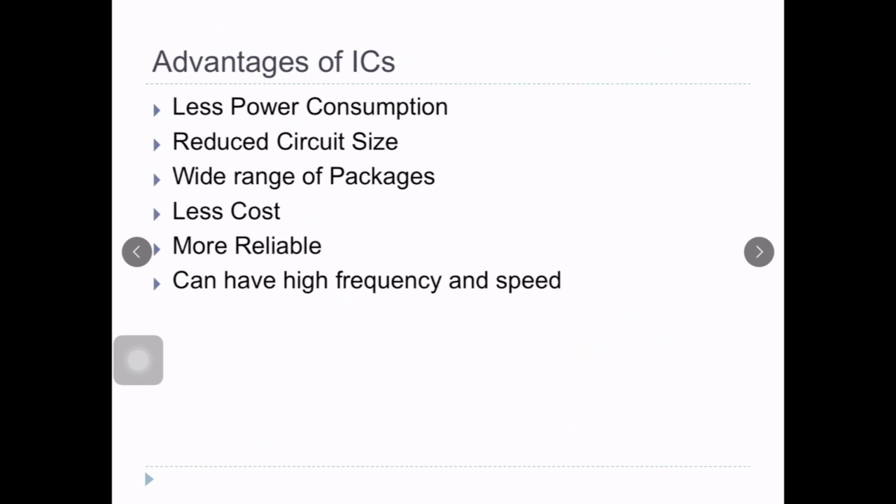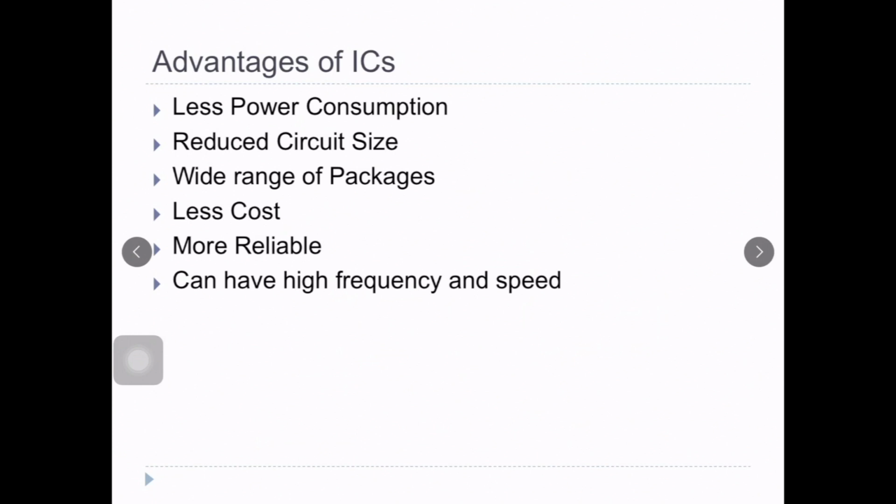Power is reduced, size is reduced, and they are available in a wide range of packages, like flat package, DIP package. And the cost is very small because they are produced in bulk. They are less costly, reliable, and can operate on high frequency and high speed. Because of the absence of parasitic capacitance, they can operate with high speed.